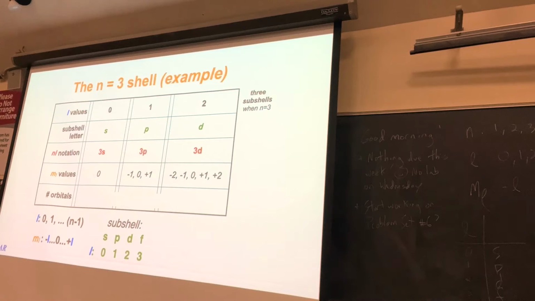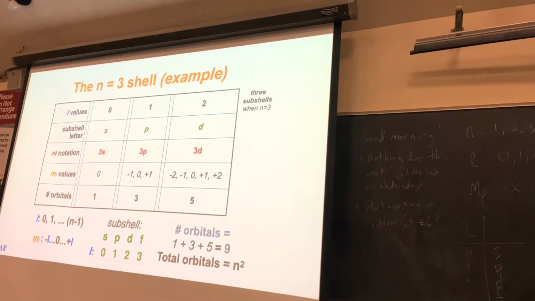So this would be one orbital right here because we have one allowed m sub l value. In the next one over, in the 3p, we have 3 allowed m sub l values. So that would be 3 orbitals: minus 1, 0, plus 1. Those are the 3 values. And here you would have 5 orbitals because we have 5 allowed m sub l values.